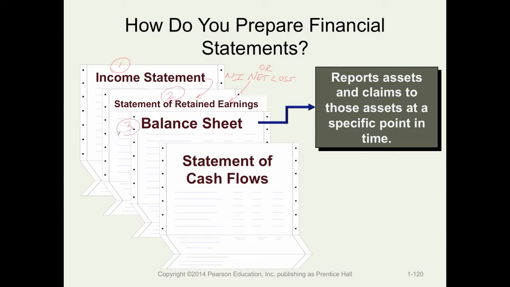Now that we've got retained earnings, which is net income or net loss, minus any dividends, that total amount, or the ending balance, is now going to be moved to the balance sheet.